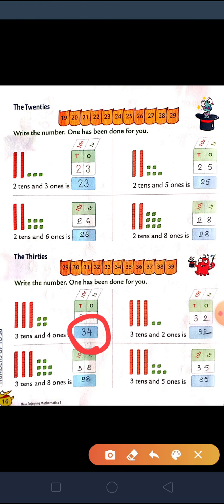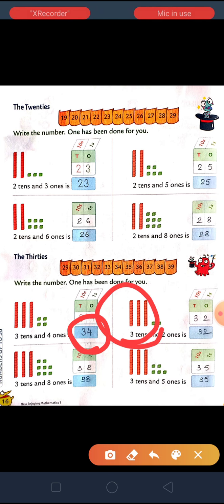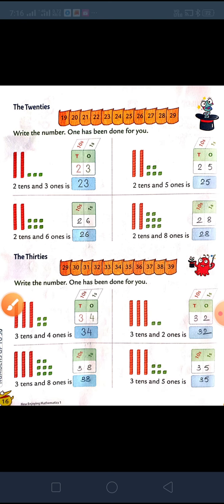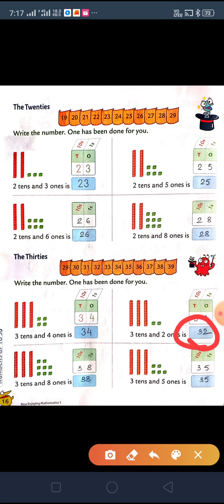So the number becomes 34. Next is again 3 blocks of 10, 10. So 3 tens, so 3 in the tens column and 2 extra are there, so 2 in the ones column. So the number becomes 32.